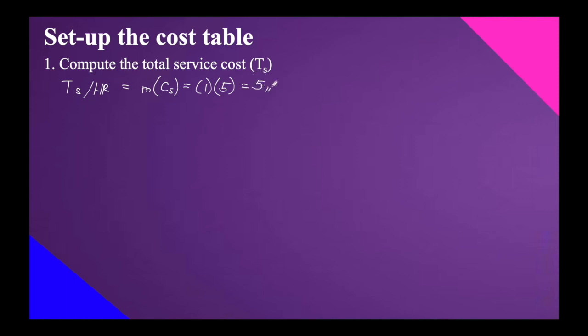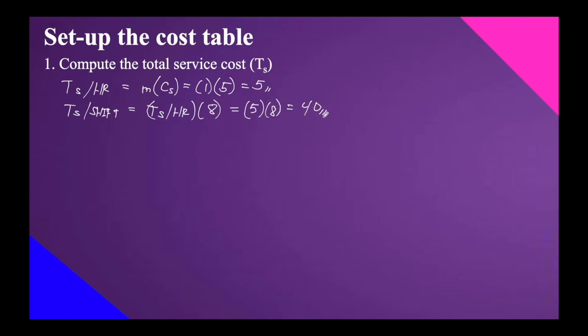Okay, per shift naman. If gusto natin i-convert siya per shift, that is per hour kasi, madali lang naman siya. Kung ano yung naging sagot natin dito sa taas, total service cost per hour, multiply lang natin yan sa 8 hours, dahil nga per shift is 8 hours. So, basically, that is 5 times 8 and this is equivalent to 40.